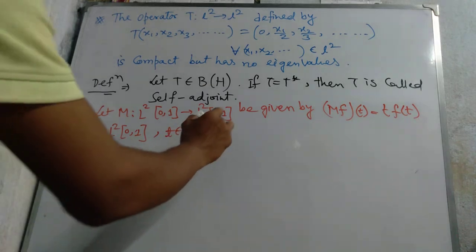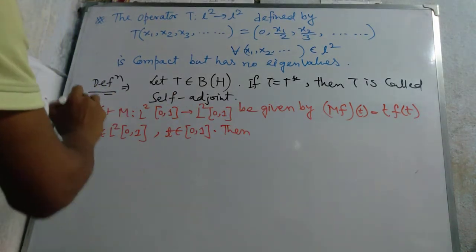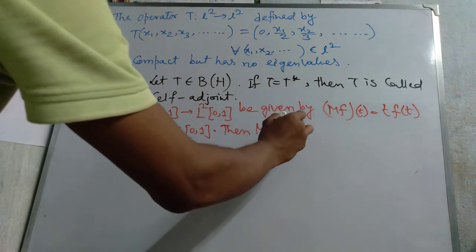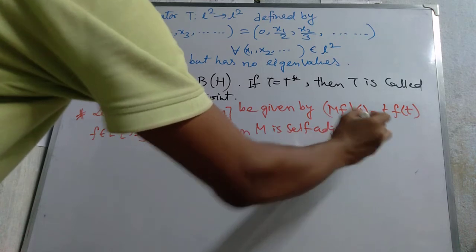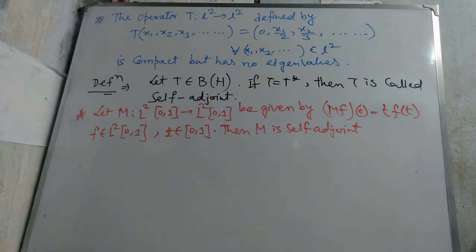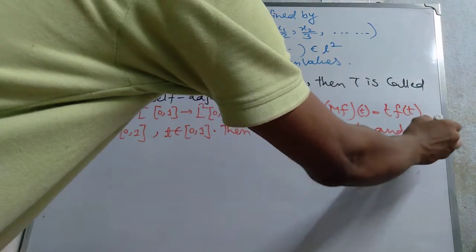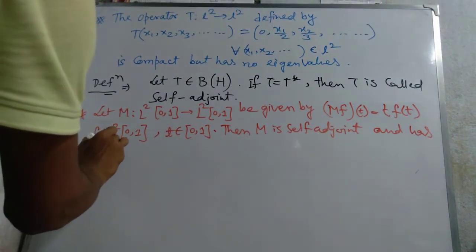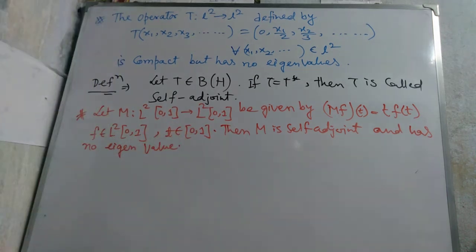Then M is self-adjoint and has no eigenvalue.